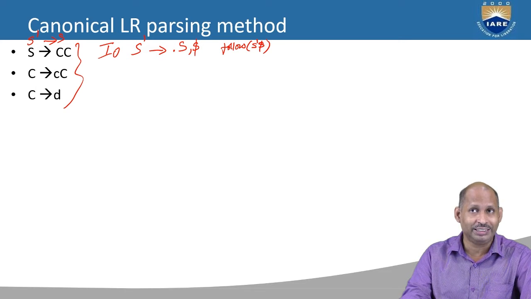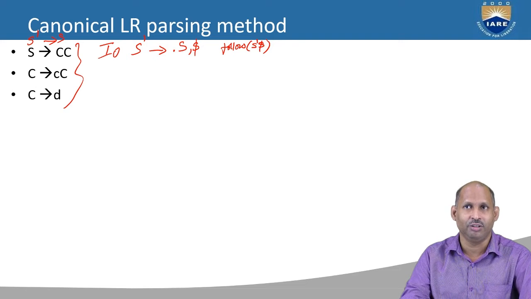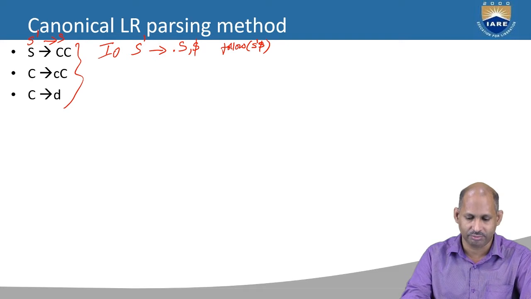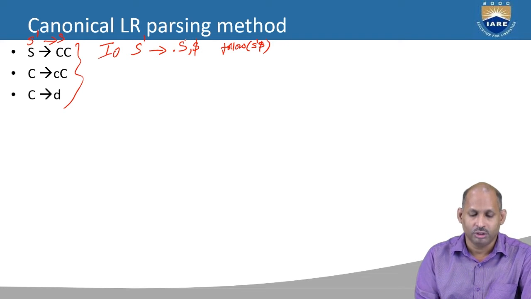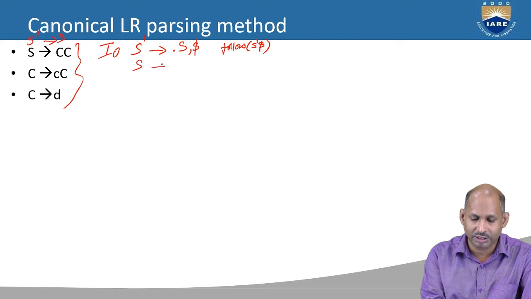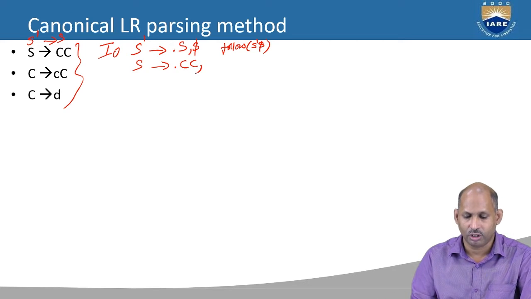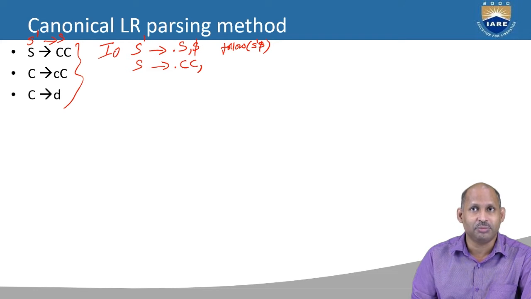The lookahead terminal is obtained from the follow of the root followed by dollar sign. Now, dot followed by S, so you must include the S production, that is capital C C. Now, you have to add the terminal symbols.